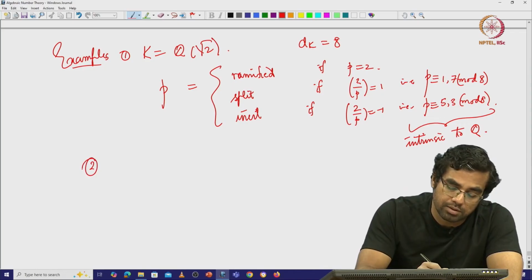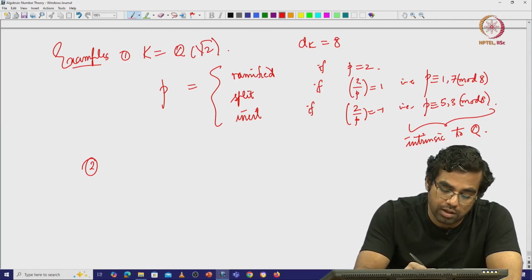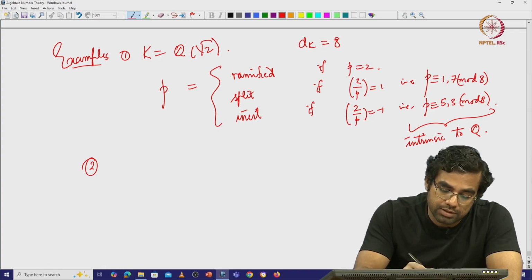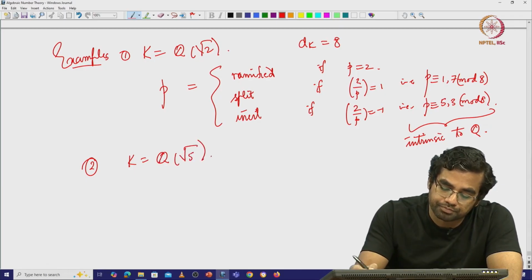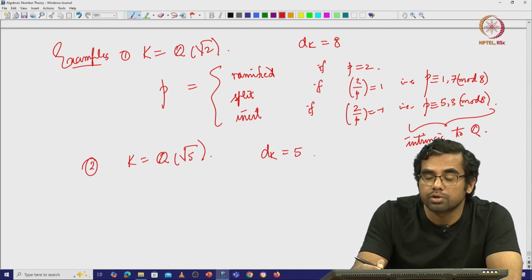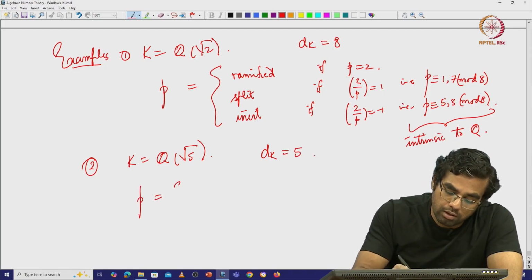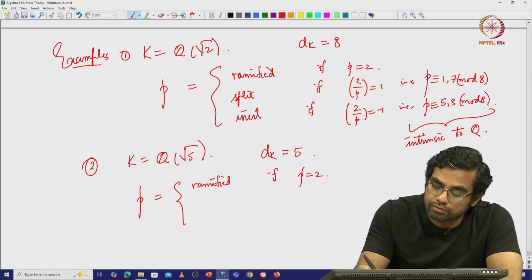Let us look at another example. Let's look at K equal to Q(√5). The discriminant in this case is just 5 because 5 is 1 mod 4. And so P is ramified if P is equal to 5.